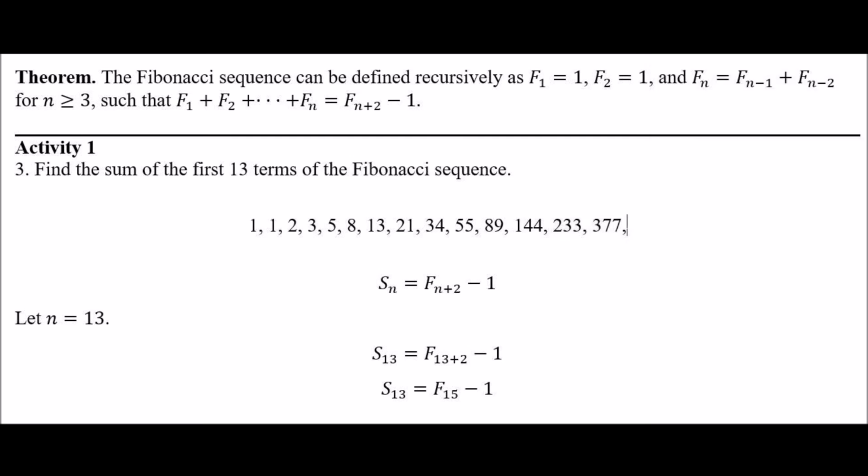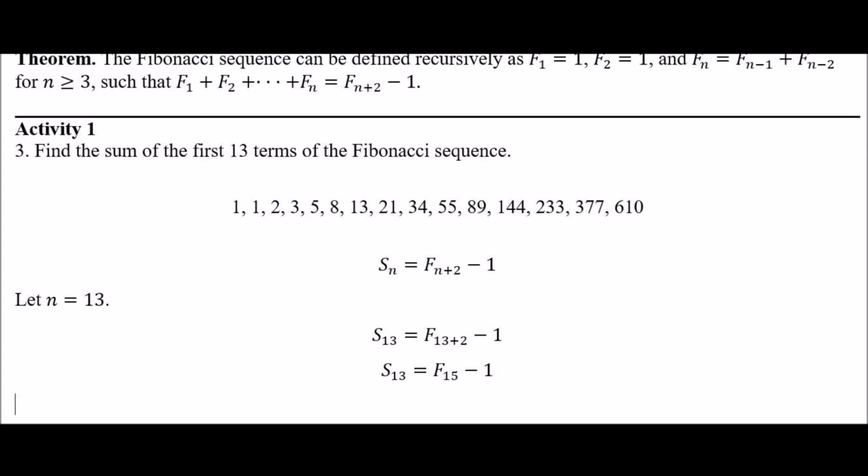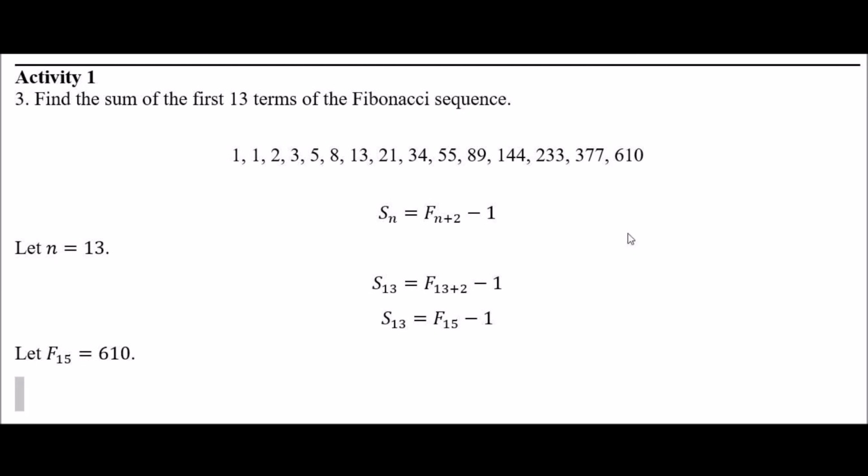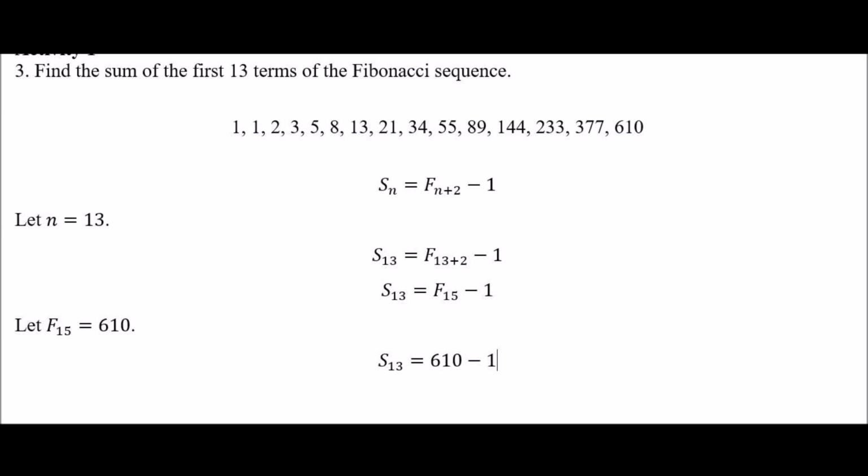So in our equation, we let f sub 15 be equal to 610. Substituting it to our equation, S sub 13 is equal to 610 minus 1, so S sub 13 is 609.